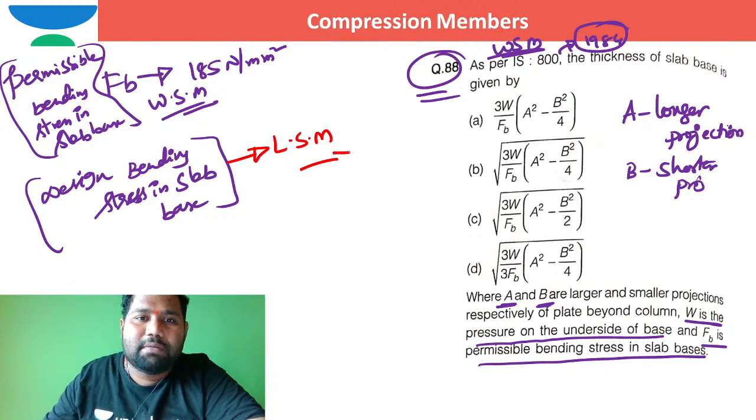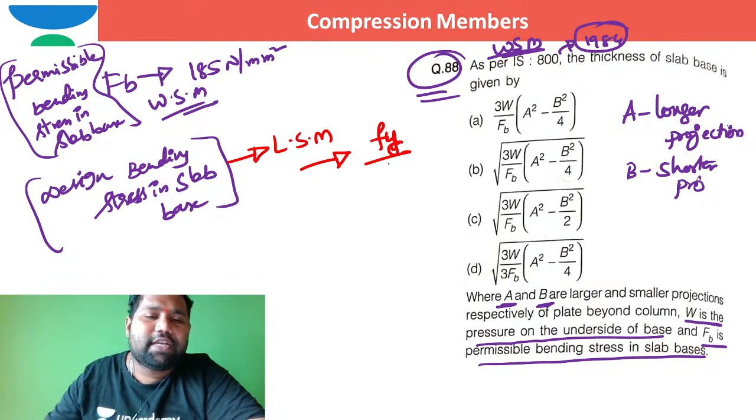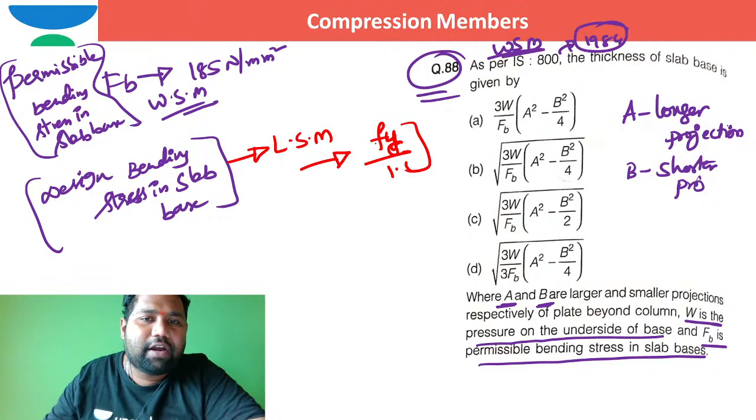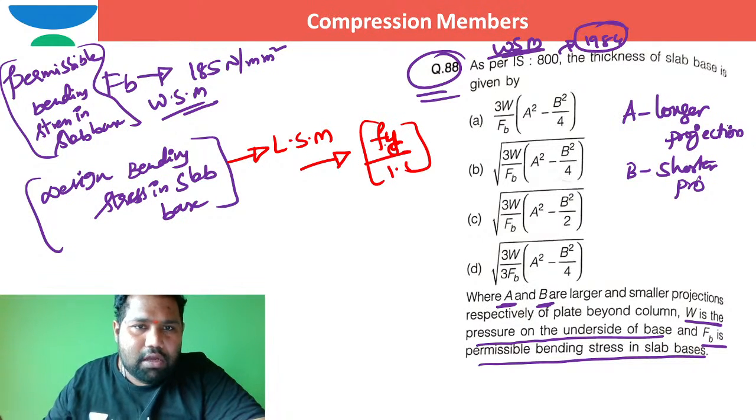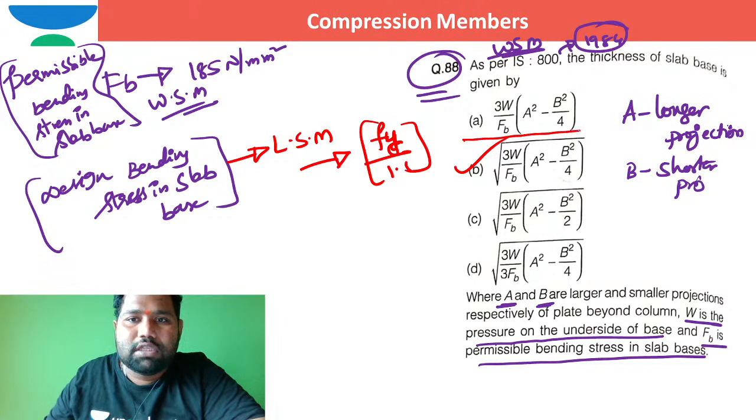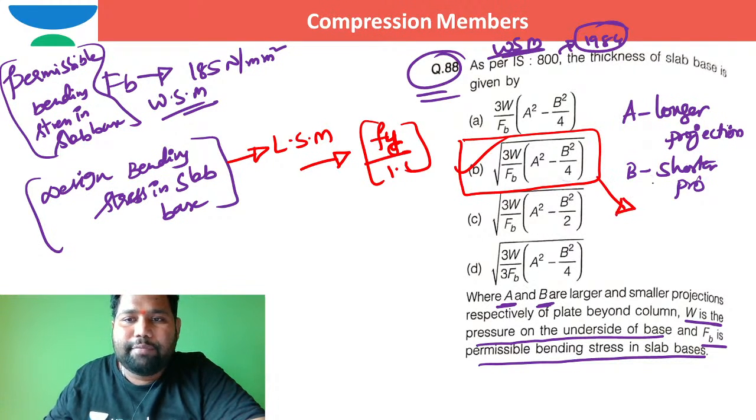As per limit state method it is Fy by the partial safety factor, and yield stress is governing the design. The partial safety factor is 1.1. If you come down, this one is the correct option, 3W. This is the option for thickness of the slab base as per the old code of practice, working stress method.